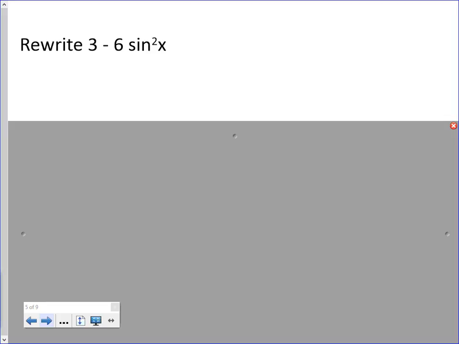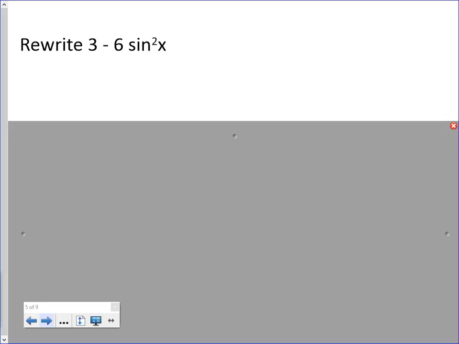How can I adjust it a little bit so that I can finally write it as one of my double angles? So look back at those 5 double angle formulas that I have. It doesn't look exactly like it, but which one does it look most like? A sine of 2u, a cosine of 2u, or a tangent of 2u?